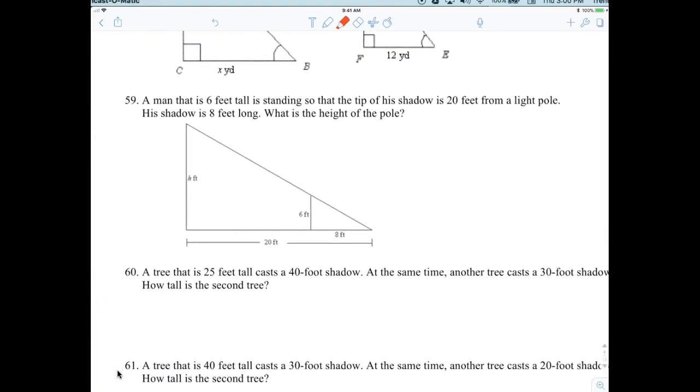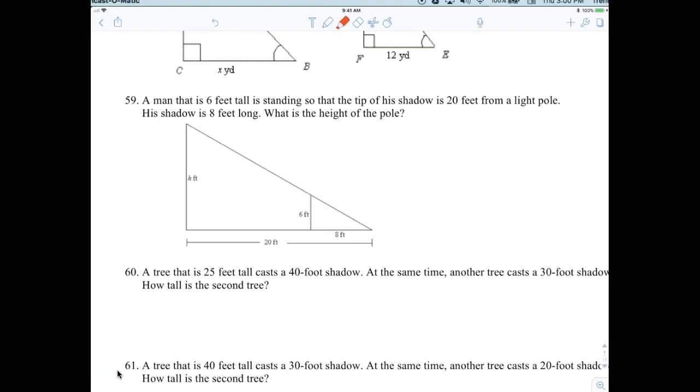Listen, 59. Now, listen, everybody misses this problem because they don't see 2 triangles. I see 2 triangles. All right? Now, what I'm trying to show you here is this. I want someone to set up the proportion for me. Justice. All right, so what would you do? Wait, let me read it.